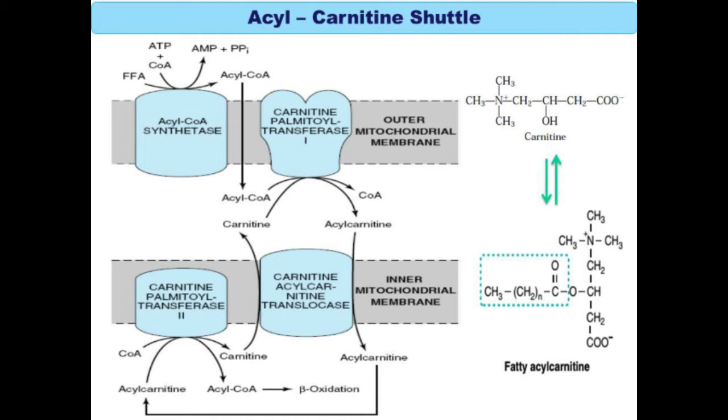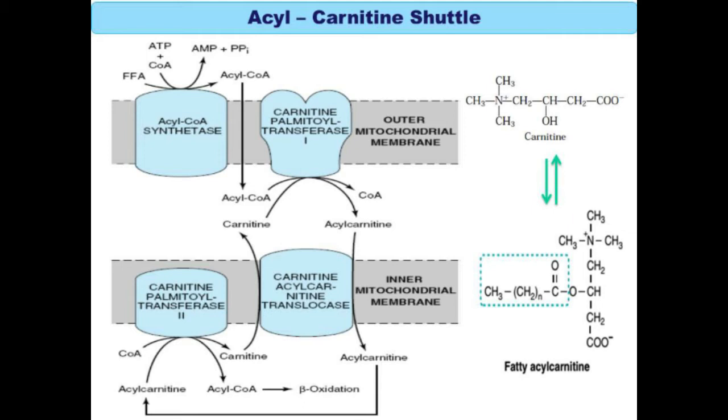Carnitine, or beta-hydroxy gamma-trimethylammonium butyrate, forms an oxygen ester linkage between its hydroxyl group and the fatty acyl group of fatty acyl coenzyme A. Carnitine acylcarnitine translocase, present in the inner mitochondrial membrane, is an integral protein and antiporter, which transports acyl carnitine inside the inner mitochondrial matrix and transports out the same mole of carnitine.